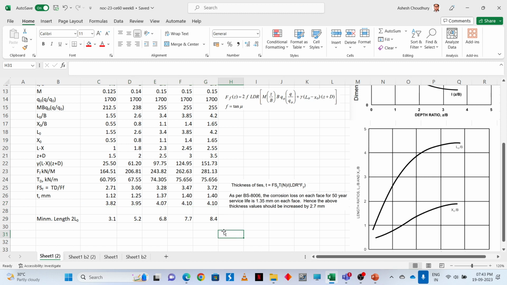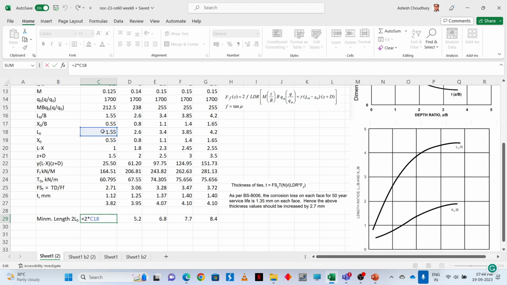All right. Now, what is the minimum length of each reinforcement? Twice L naught. L naught is the distance from the center line, right? So twice L naught will make the total length. So the total length of reinforcement should be equal to twice L naught. So 2 times this L naught will give us this.